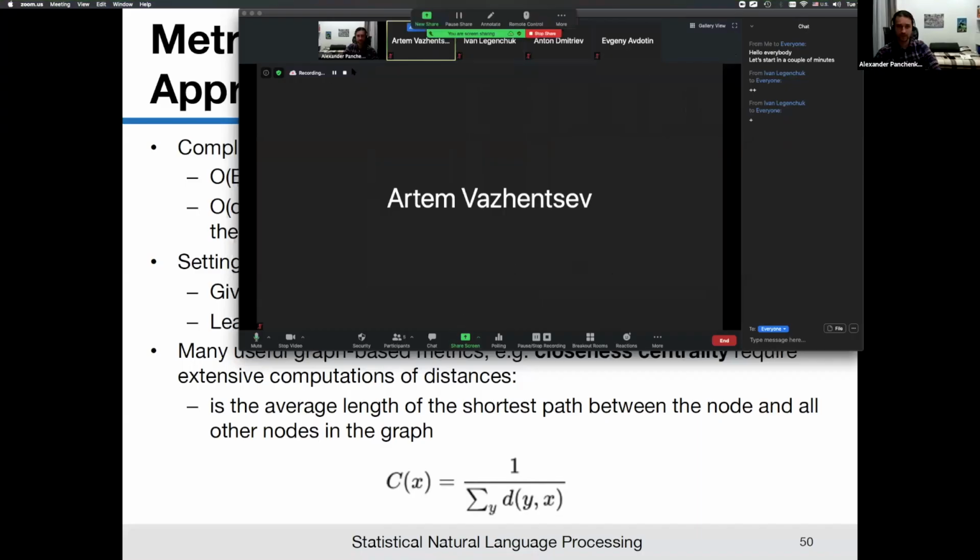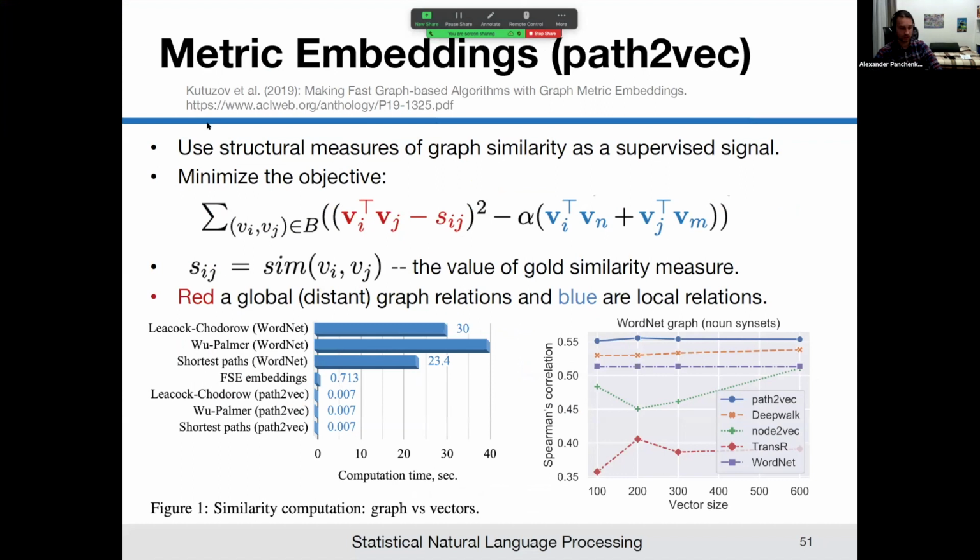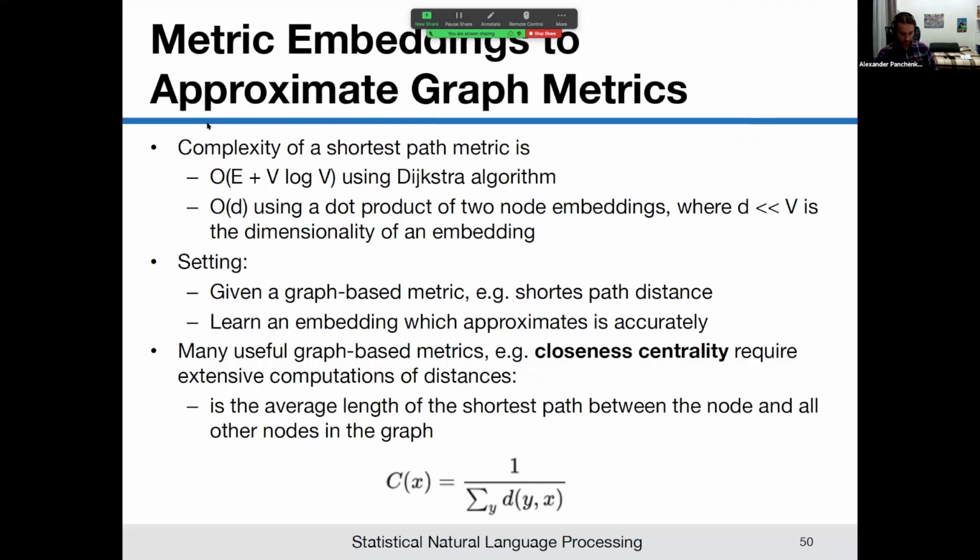Okay, so yet another approach which we are going to see, based on this shallow or not embedding representations, is performing metric embedding. You probably know some quite useful graph metrics, such as the length of the shortest path between two nodes.